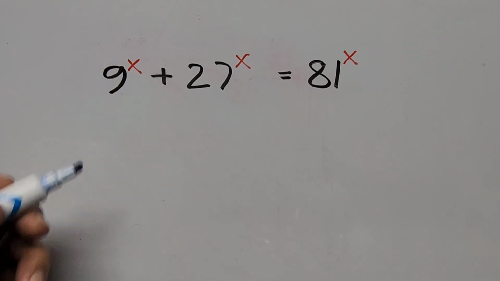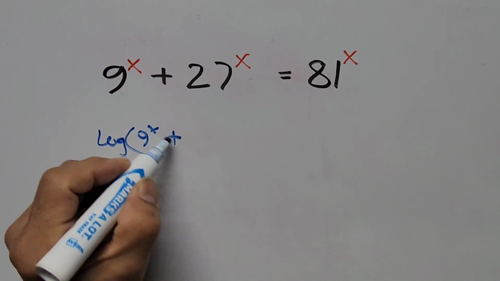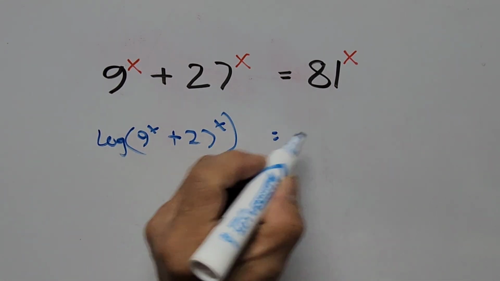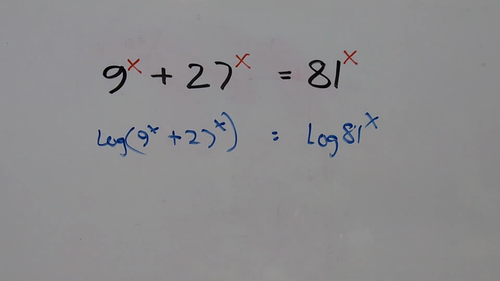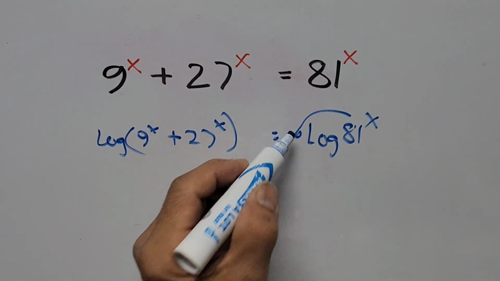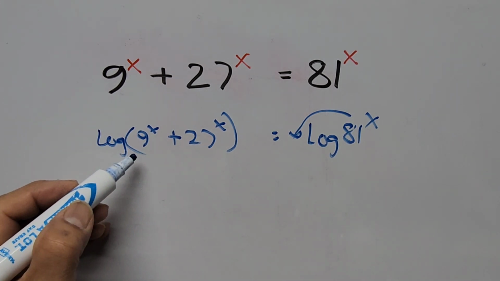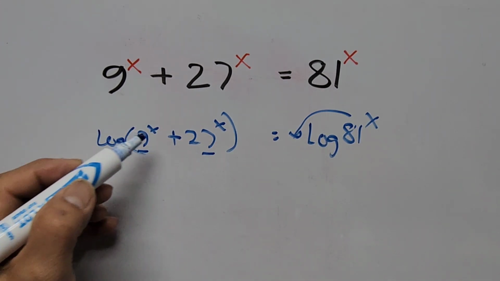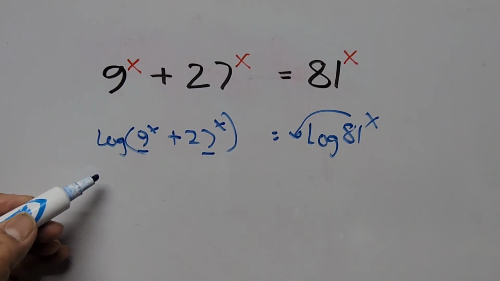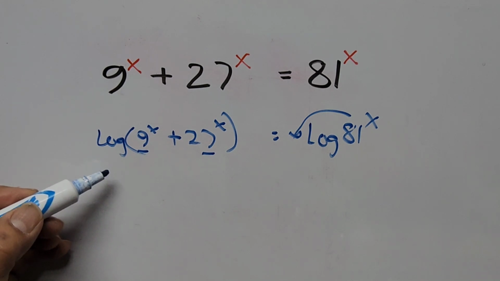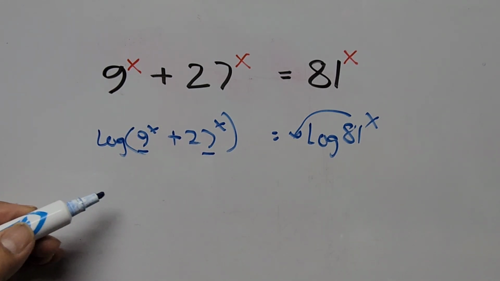Like here, if we take the logarithm of the left hand side and the right hand side, on the right hand side we can take down the exponent x, separate the variable from the constant part, but in here there's no rule that we can separate the variable x out of the base 9 and 27 by using the logarithm or the rules of logarithm. So we're ruling out the use of logarithm to solve this exponential equation.